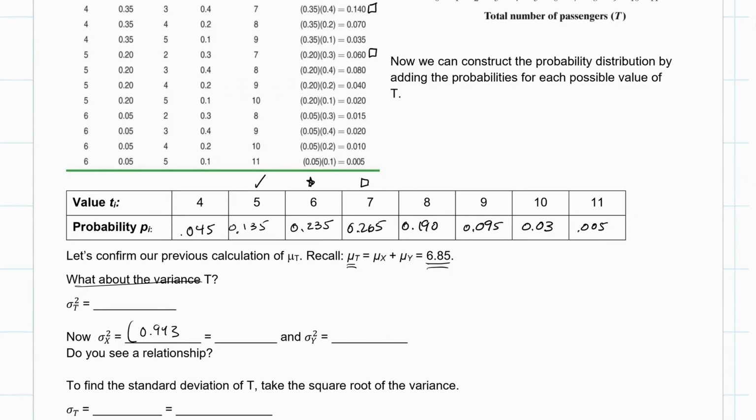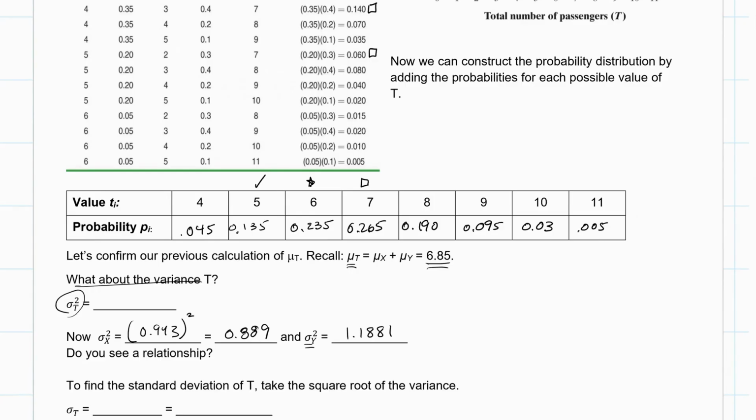And if I square this, I get a number, 0.889. Okay, if I do the same process, I could find the variance of y, 1.181, right? How do these numbers compare to the variance of t?